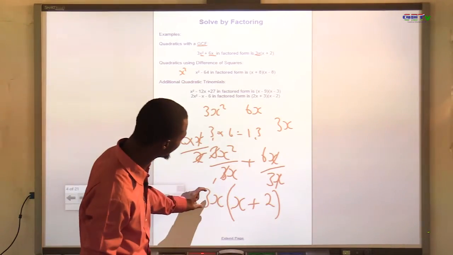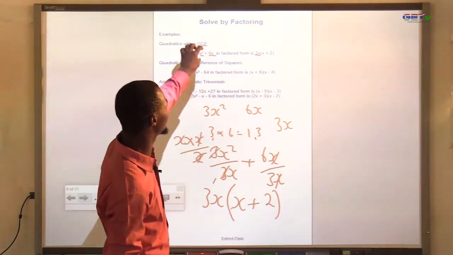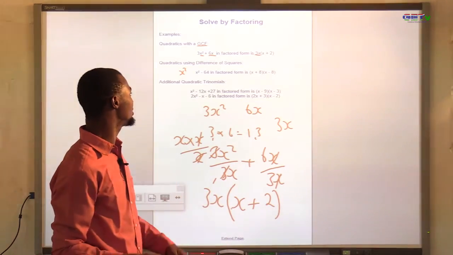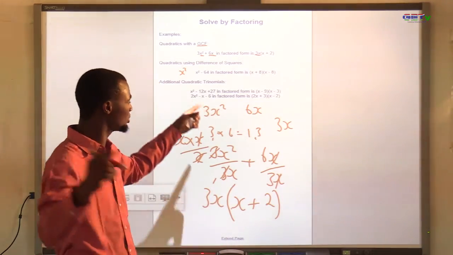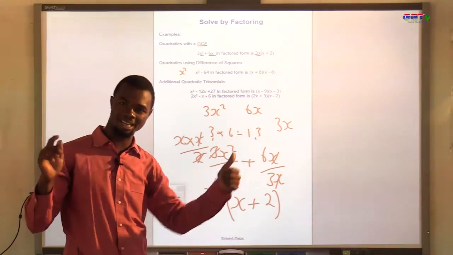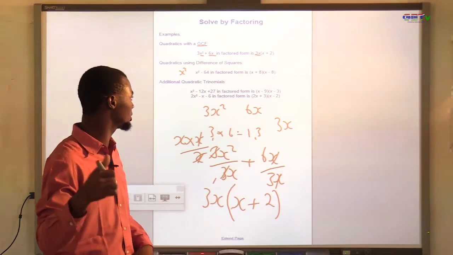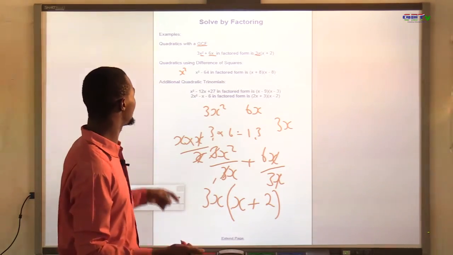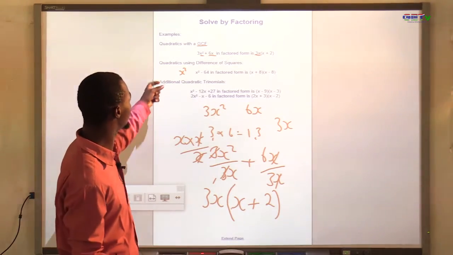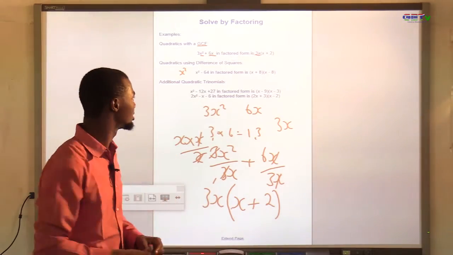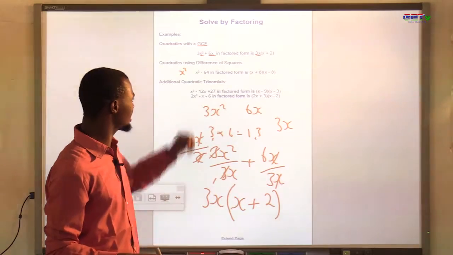Because this expression here and the expression here are equivalent expressions. Then we look at another one, because if you remember in the tips, we have HCF, and we also have difference of two squares, and at the tips also, we have other special binomial products.